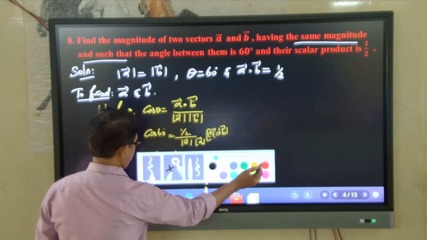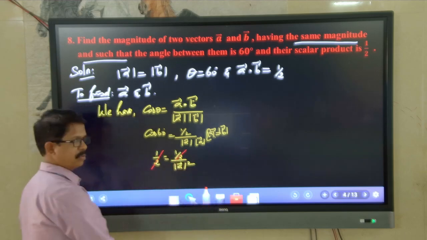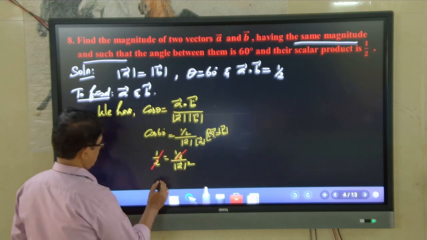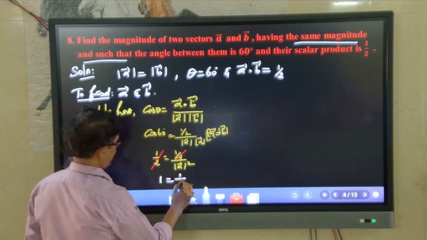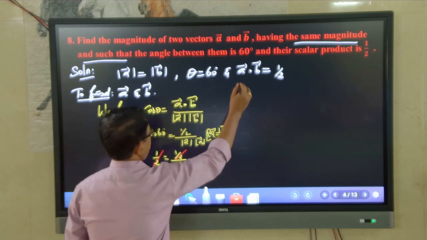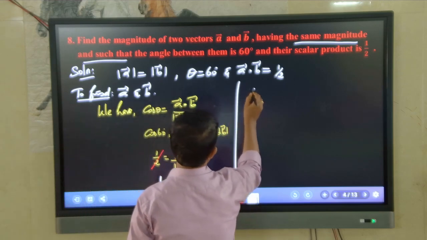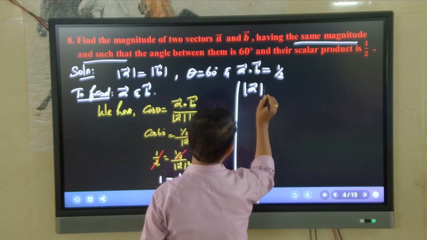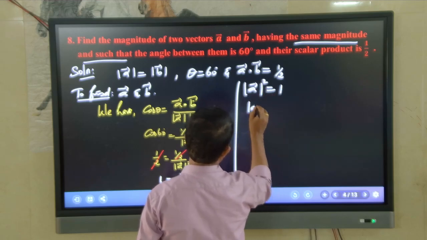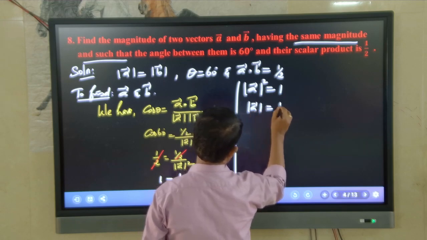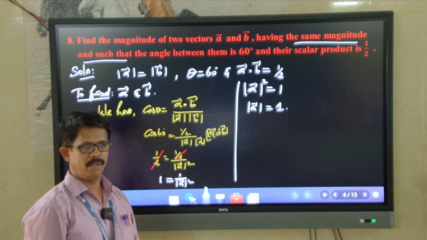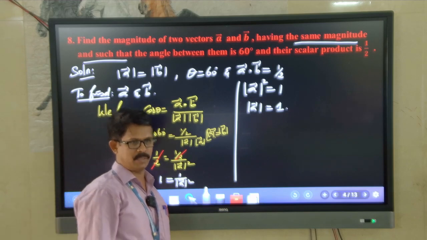Now 1 by 2, 1 by 2 cancel. What's remaining here? 1 equal to 1 by modulus of a vector square. Then cross multiply, what are we going to get? a vector square equal to 1. Then modulus of a vector equal to plus 1, because it is a magnitude; plus or minus 1 is going to become plus 1.